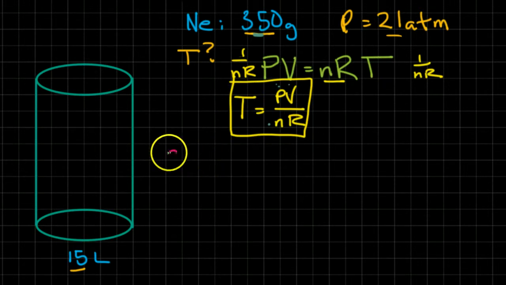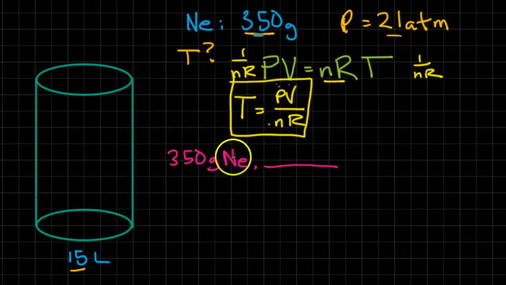I've got 350 grams of neon. I take that 350 grams, and I want to know how many moles it is, because I'm dealing with moles, not mass here. Number, that's what the N is for. So I say, well, 1 mole of this stuff is going to be equal to, and I look at my trusty periodic table.